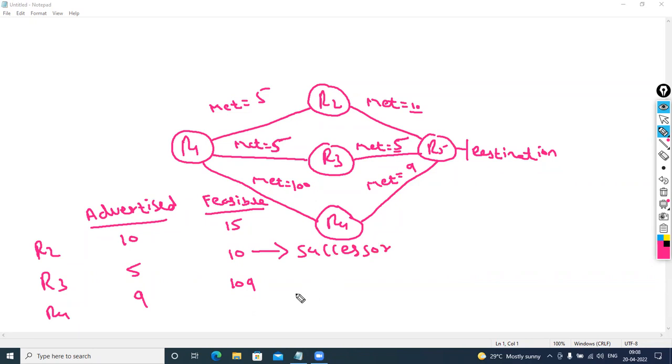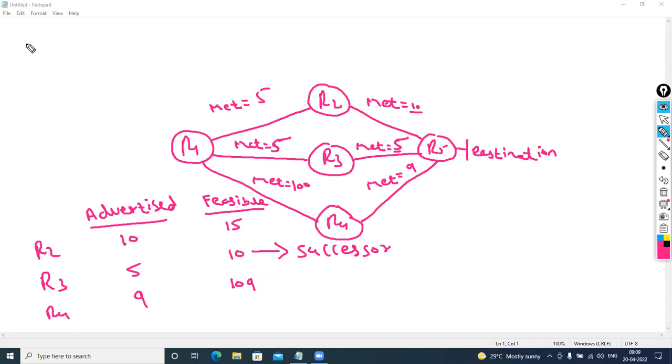Whether R4's path will become the feasible successor or R2's path will become the feasible successor. R2. Okay, R2. Why? Next best path? No. In order for a route to become the feasible successor, it should satisfy a feasibility condition.